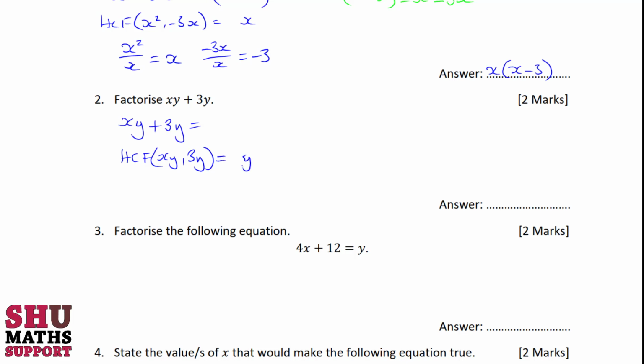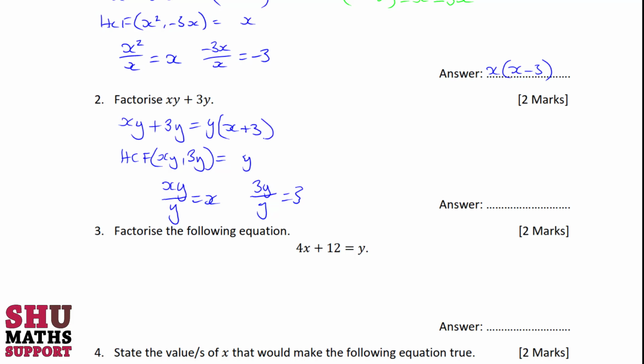And then the highest common factor of x and 3 is 1, because we have 1x and 3. So we know that we're just left with y as our factor. So we have xy divided by y is equal to x, and 3y divided by y is equal to 3. So that means we're left with y times x plus 3.